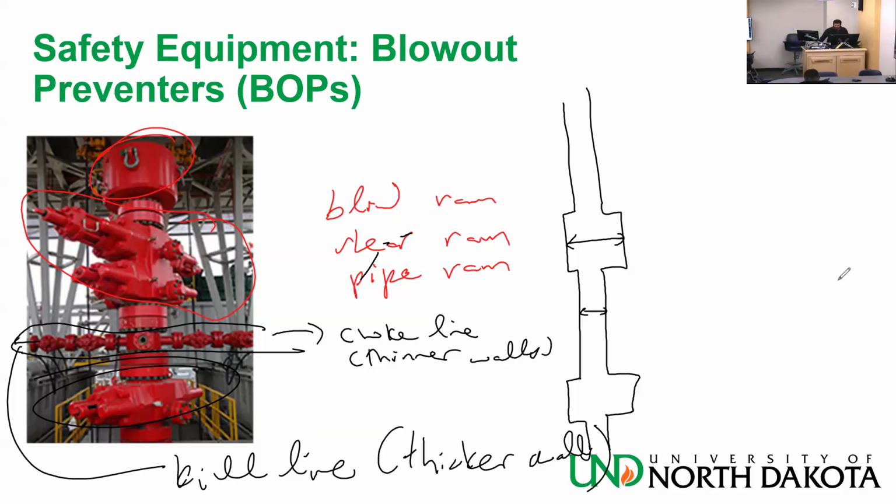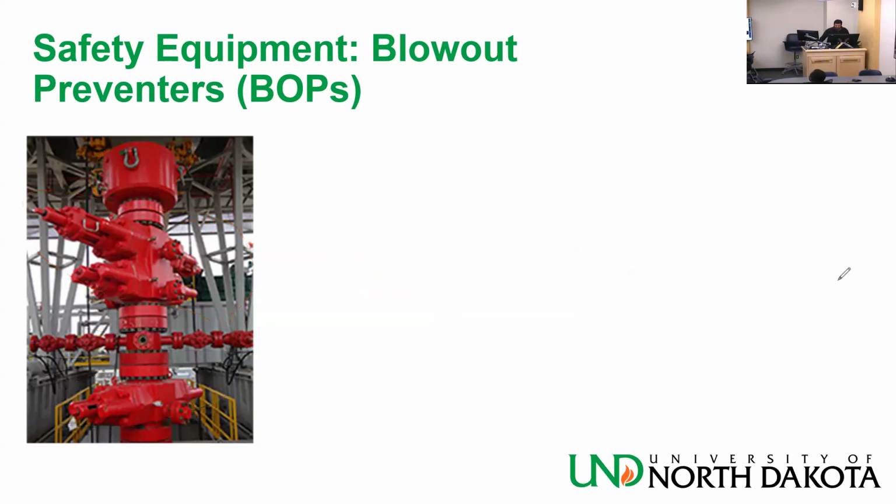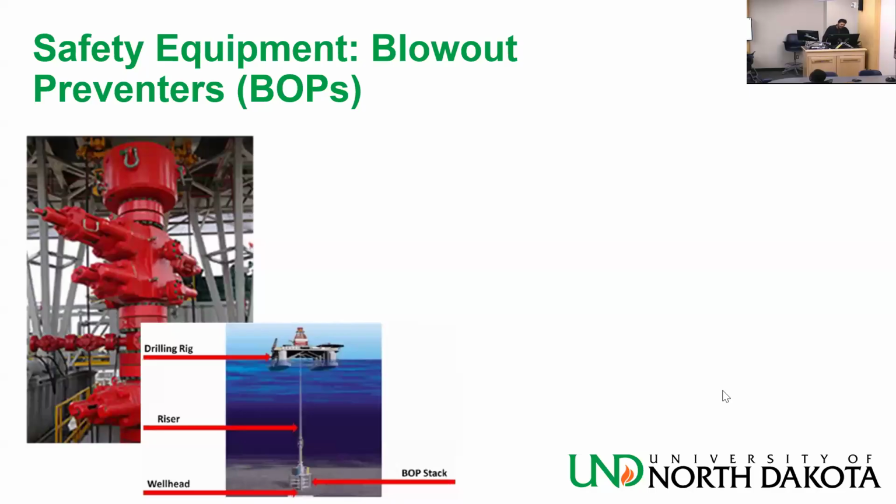And we're going to see more pictures of that that will make it clearer. Sometimes in some rigs offshore, you have a wet tree that is at the bottom of the ocean. Sometimes it's a dry tree at the rig floor. Sometimes you have two.